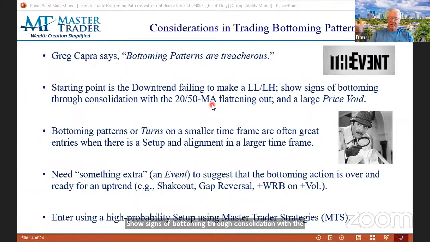We use the 20, 50, and 200 on our daily charts, and it's just a visual, the angle of them, of what the short and intermediate term trends are. So if those have flattened out, I can take off the candlesticks. If I see these moving averages coming down and flattening out and the 20 starting to rise, then I know I have a potential bottoming pattern on my hands.